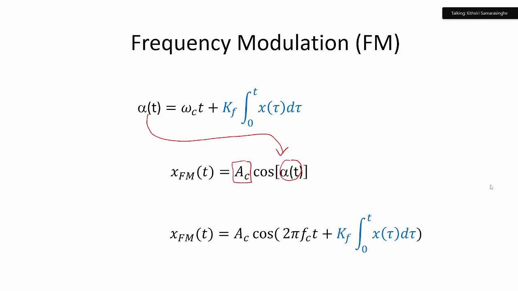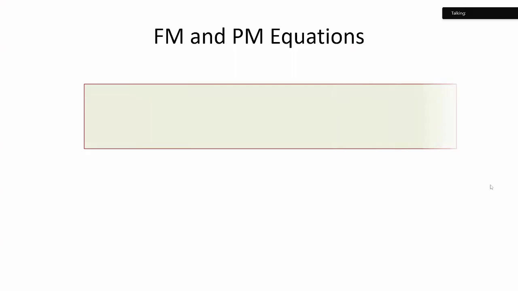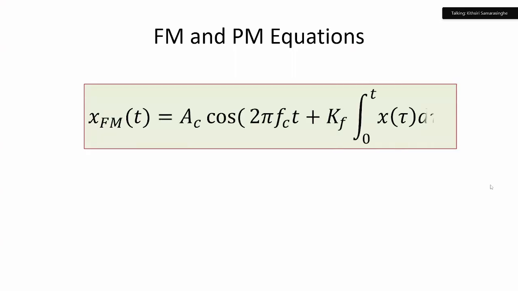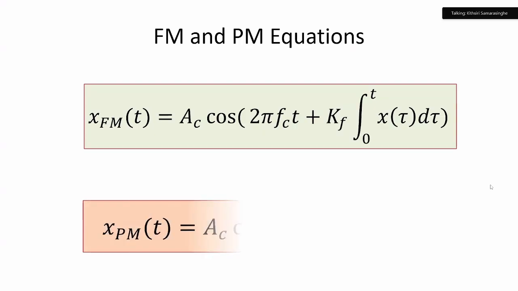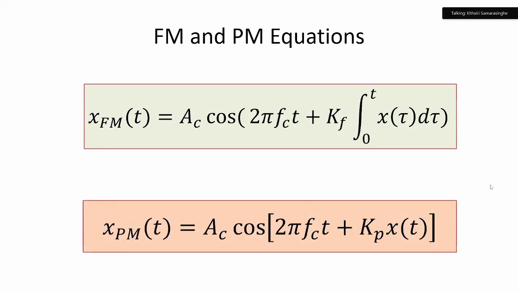Earlier we found the generalized PM equation. Shall we put them together and compare? This is what we found just now. This is what we found under PM. A lot of similarity you can notice. Amplitudes being the same, untouched, not modulated.